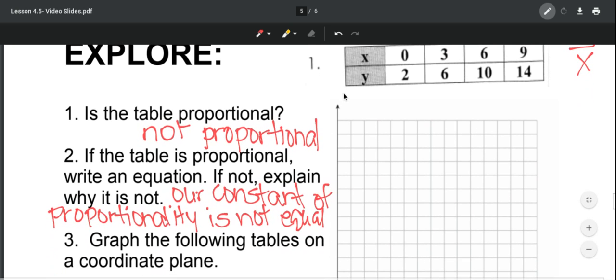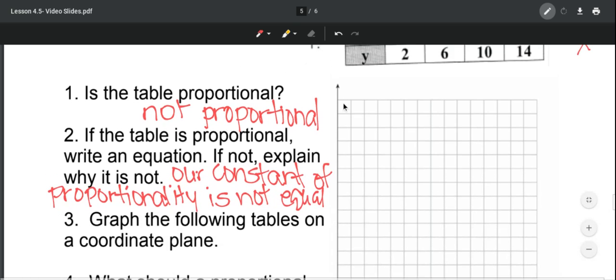Let's graph the following table on the coordinate plane.